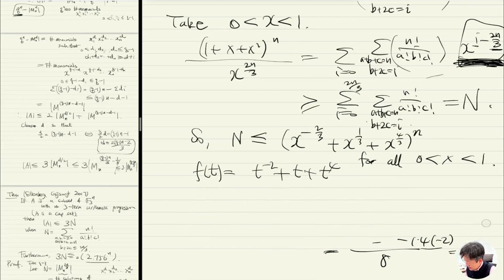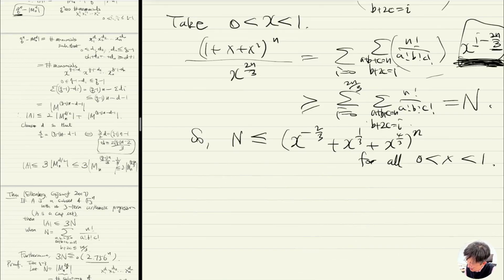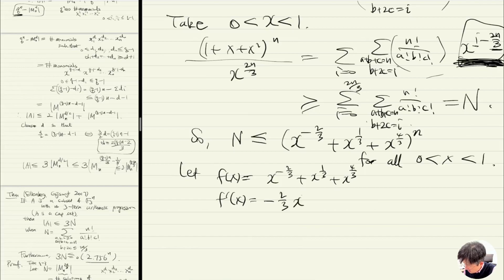All right, let me go back. Let's not take f of t like this. Let f of x be x to the minus 2/3 plus x to the 1/3 plus x to the 4/3. Then its derivative is minus 2/3 x to the minus 5/3 plus 1/3 x to the minus 2/3 plus 4/3 x to the minus 1/3, right?